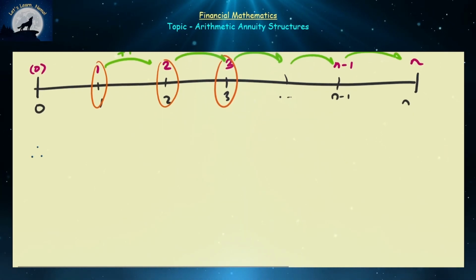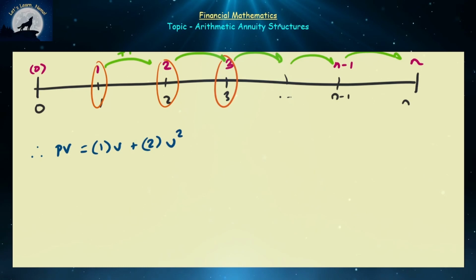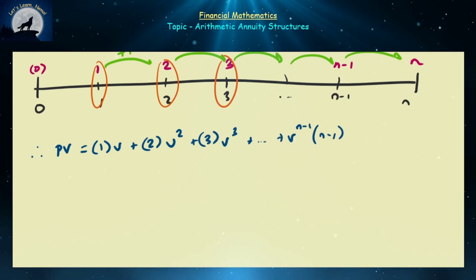Well, if we just use basic notation, the present value would just be equal to the discounted value of our first payment, the discounted value of our second payment of size 2, the discounted value of the third payment of size 3, and that will continue all the way down to nu to the n minus 1 times n minus 1, all the way down to the last payment, which is going to be right after n minus 1, which would just be nu to the n times n.